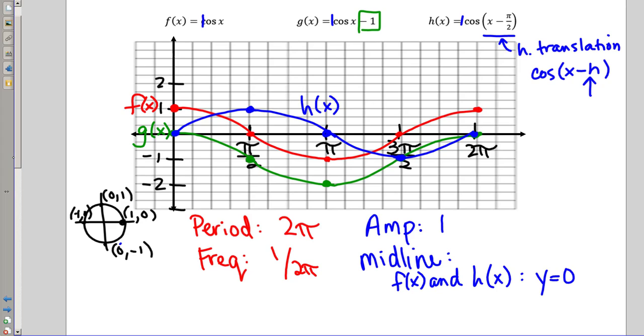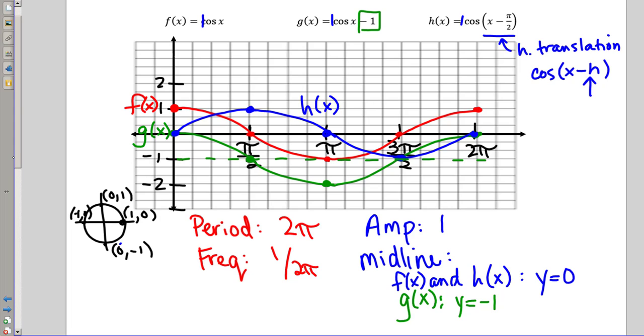For g of x, however, my midline, the middle of the graph, moved down to negative 1, and that's y equals negative 1. Okay. Remember, the middle is halfway between the max and the min, so that would be our midline.